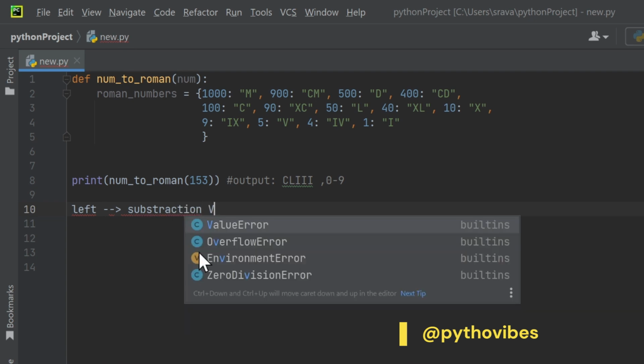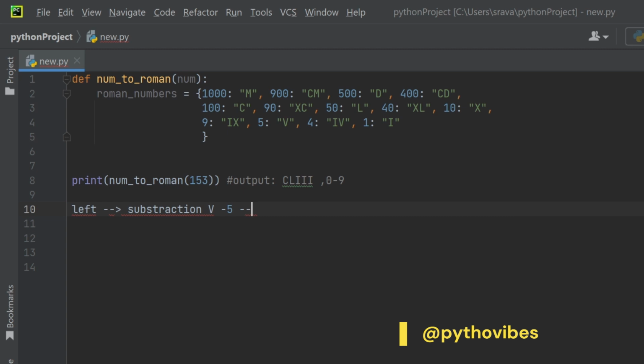The main value is V, which represents 5, so 5 minus 1 would be 4. How do we write it? I and then V, because 5 is represented by V, and to get 4 we subtract 1, so that 1 is kept on the left side.